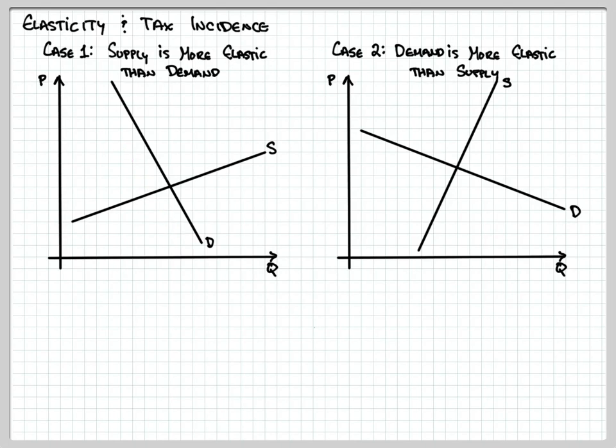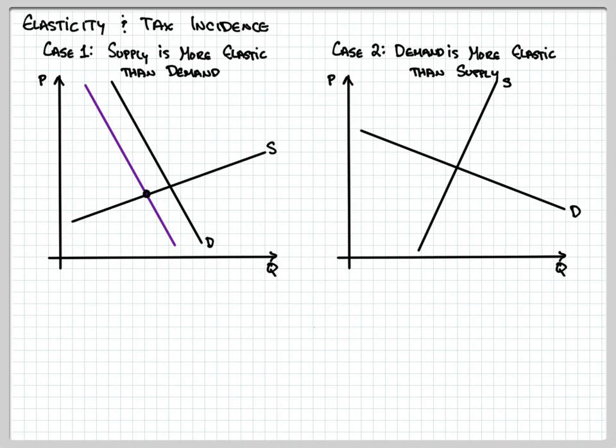So there's a $4 wedge between the price that the buyers pay and the price that sellers receive. So here's our new equilibrium.